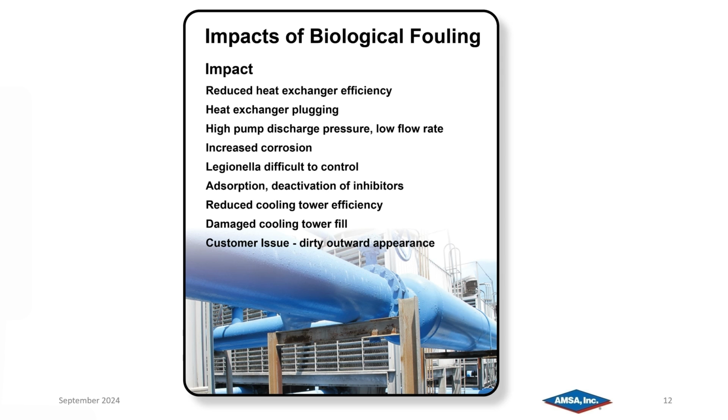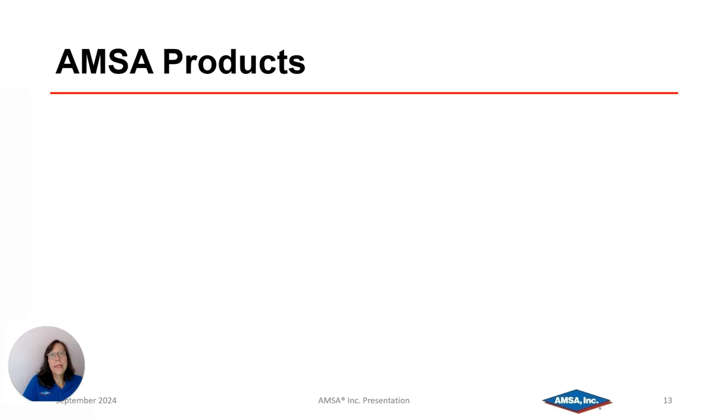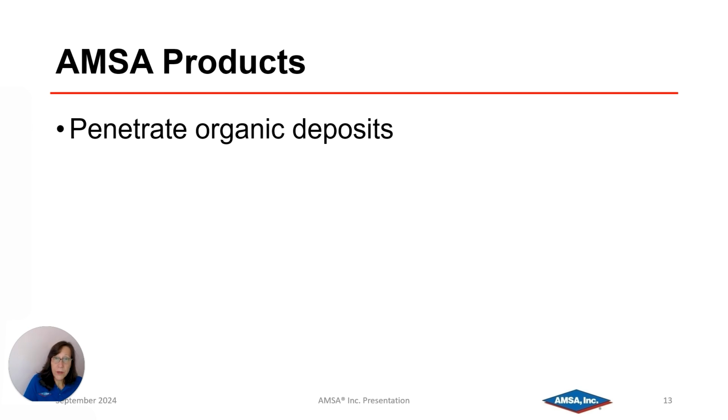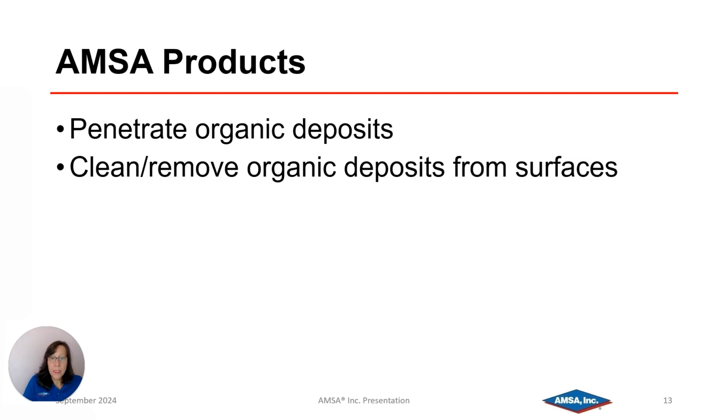All of the impacts listed here are great concerns to facility managers running cooling water systems. Adding AMSA products to your cooling water treatment program helps you deliver a better biofilm control program. This is true because AMSA products penetrate organic deposits, and clean and remove organic deposits from surfaces.